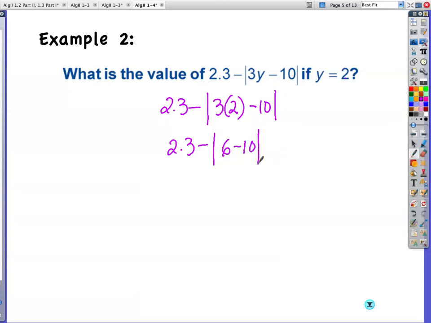So 6 minus 10 is negative 4. Notice how this minus sign stays here. The absolute value of negative 4 is just a plain old 4. And then I just take 2.3 minus 4, which is going to give me a negative 1.7.